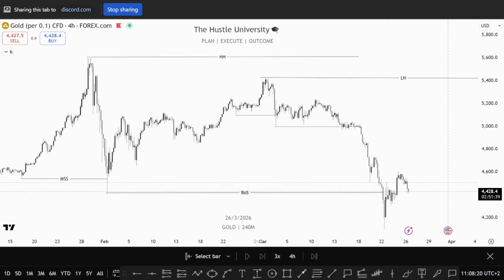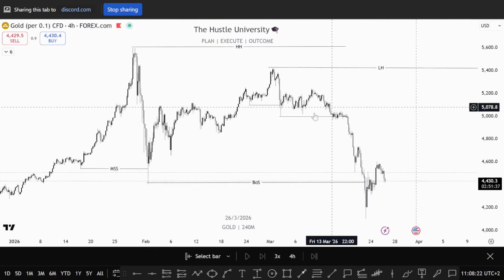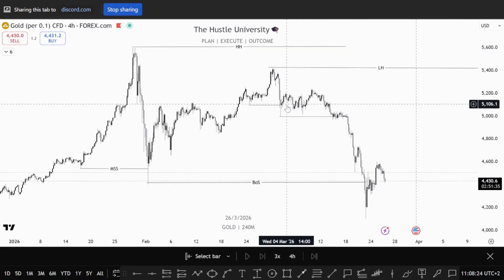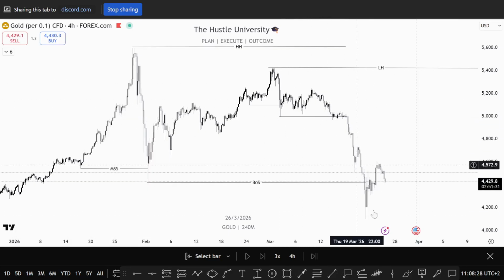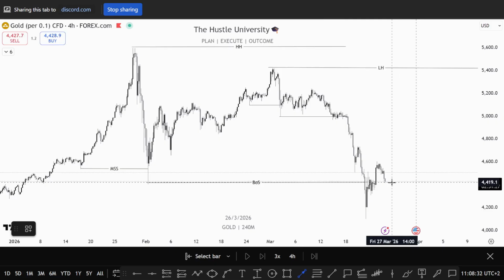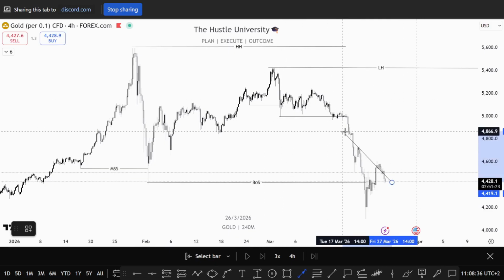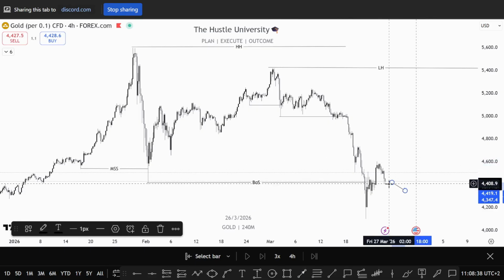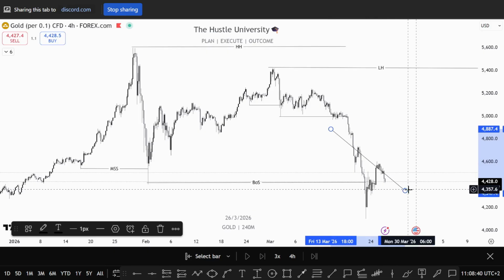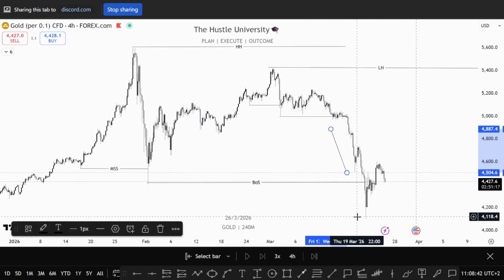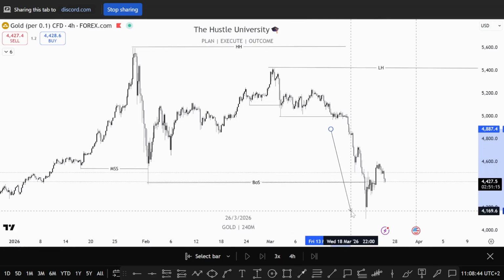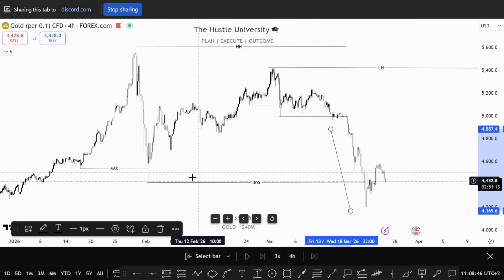Right. So with that being said, we have price breaking to the downside. So with the 1 hour, which is the internal range, if price has to go back and correct, price would probably go back and correct this low over here, because that's where price sort of gave an indication on the 1 hour, which eventually became an indication also on the 4 hour, giving us a break of structure.